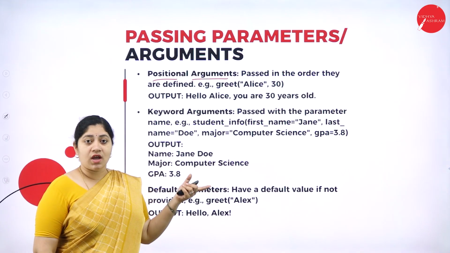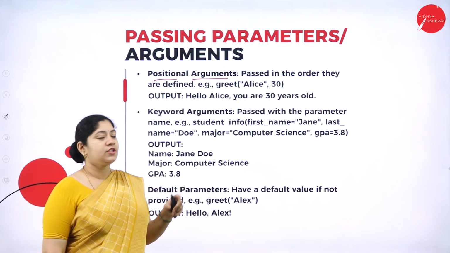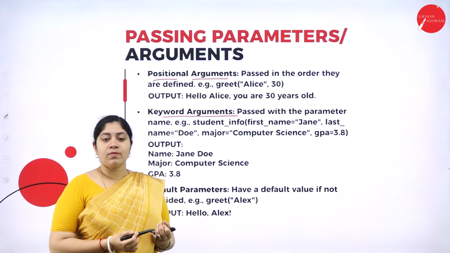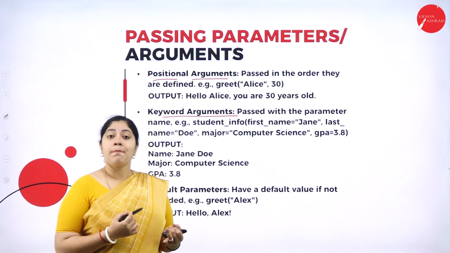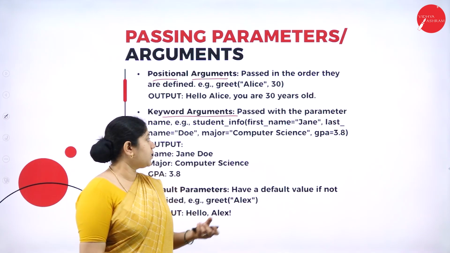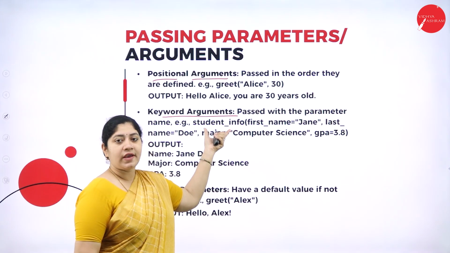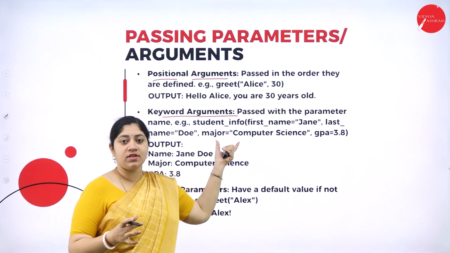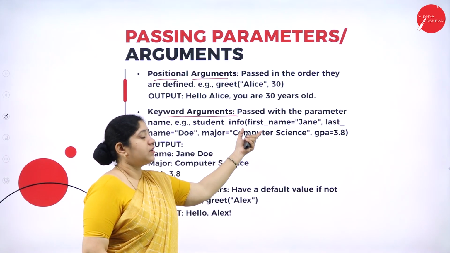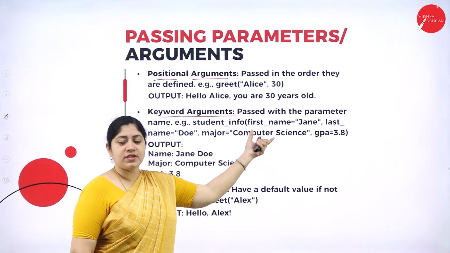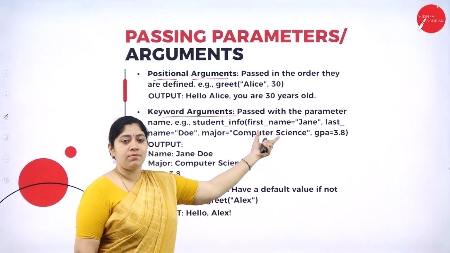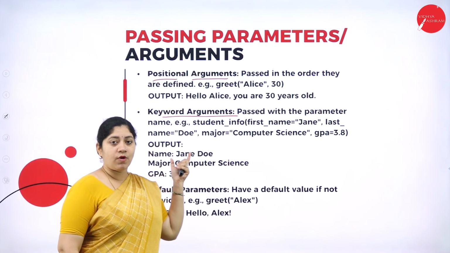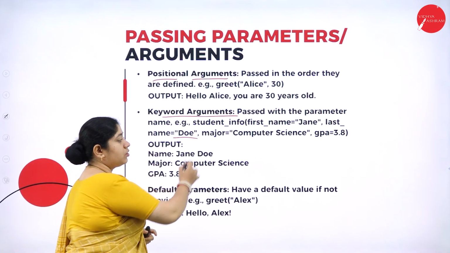Alright, the next type of passing an argument is keyword arguments. Keyword arguments are passed with the parameter's name. For example, let's consider a function student_information where we are gathering the information of a student, and we are defining various arguments like first_name, defined as Jane, and the last name of that student is Doe.